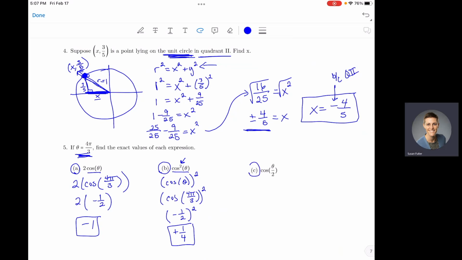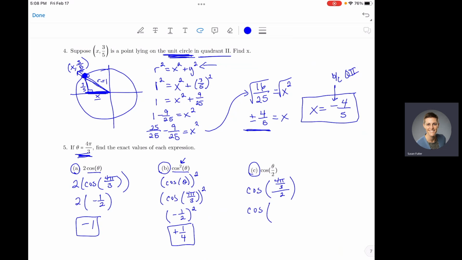And then this last one, part C, this is asking for the cosine of theta over 2. That means we're going to take our angle theta, divide by 2, and then plug that whole thing into the cosine function. So we're going to do the cosine of 4 pi over 3 all over 2. So we need to simplify inside the parentheses to figure out the angle that we're going to take the cosine of.